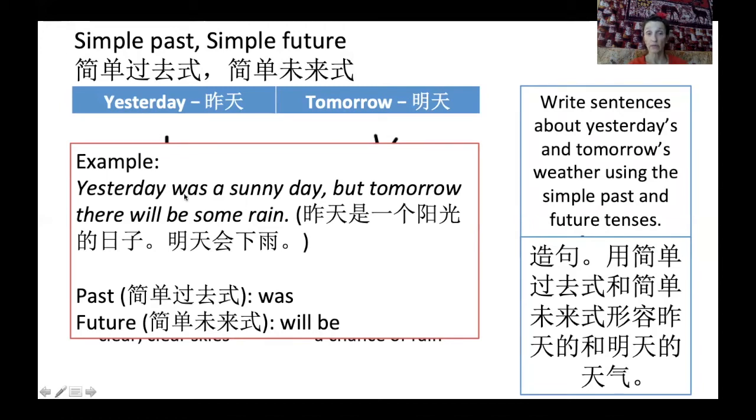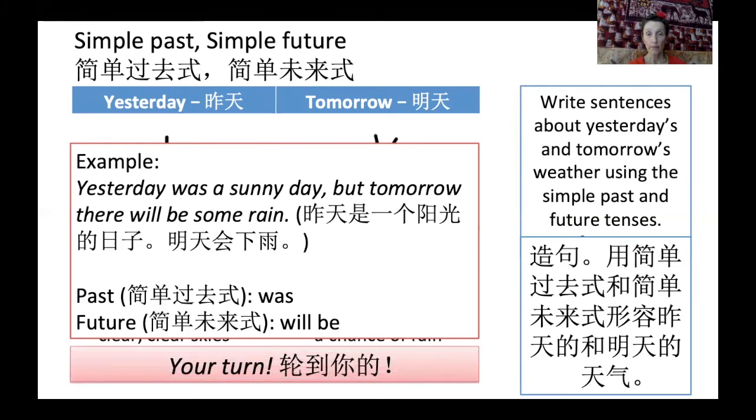Yesterday was a sunny day, simple past tense. The simple future tense in the sentences will be. So for part 1 of the homework, you would write some sentences about the weather and about your plans using simple past and simple future. Okay, your turn.